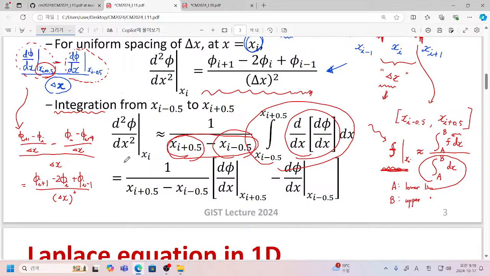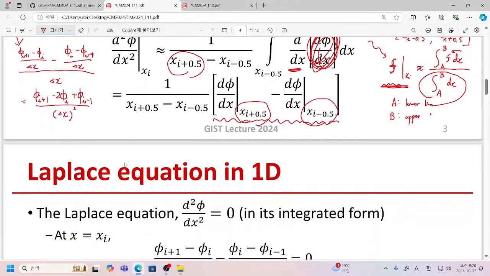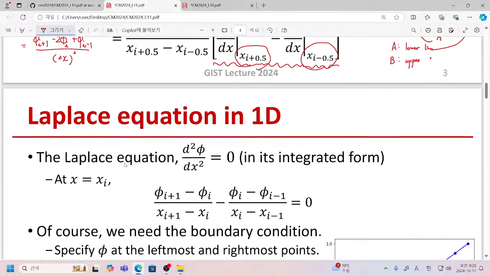The point is, since it has the form of a derivative, the integral can be evaluated analytically. Since this is just the integral of a derivative of a certain quantity, the required one is just the difference between the function evaluated at the upper point and the same function evaluated at the lower point. So now you can do it quite easily.